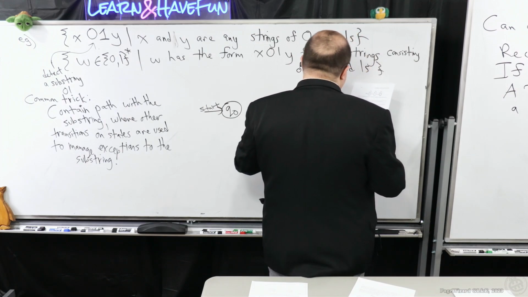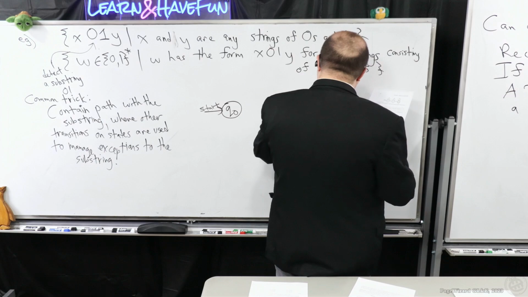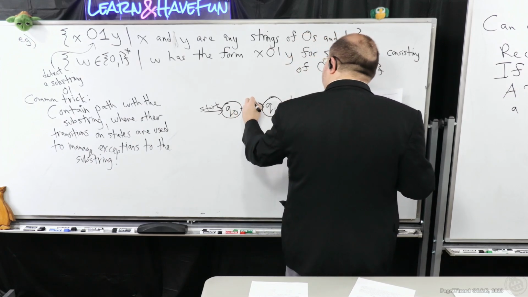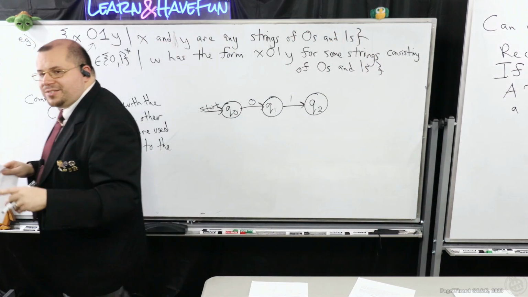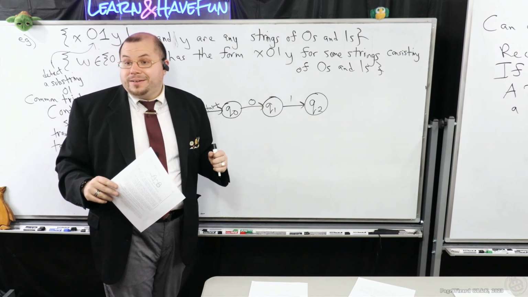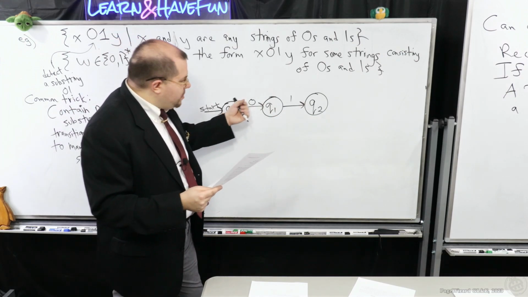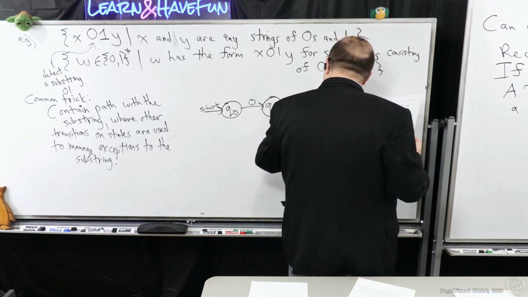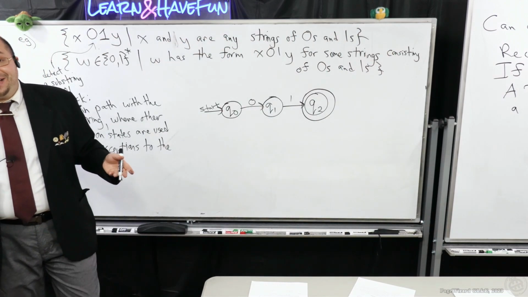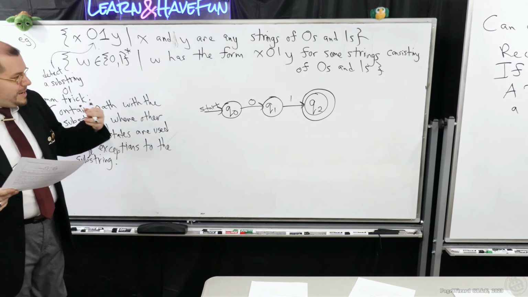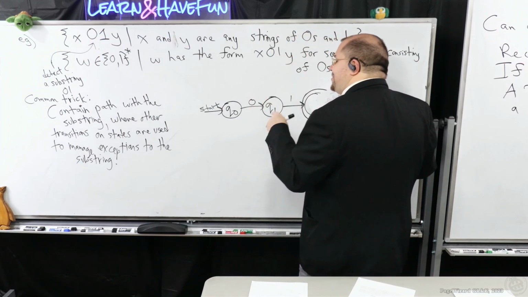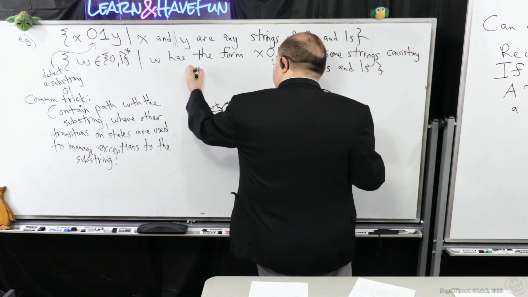So this might be a natural thing to try. So Q1, Q2, but you know right away that I'm going to need that pattern somewhere in here, right? It has to go 0, then 1. See, 0, 1, there's my substring right there. So if I can get from Q0 to Q2, I'm good. But remember, there's all sorts of other stuff that can happen too, right? So I have to be careful. Also, another issue is strings that look like this.